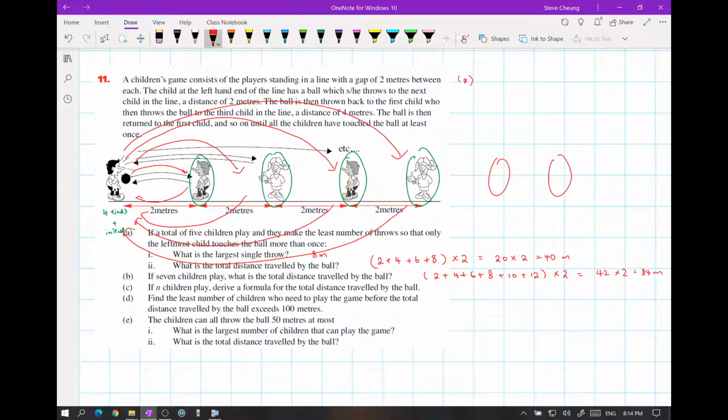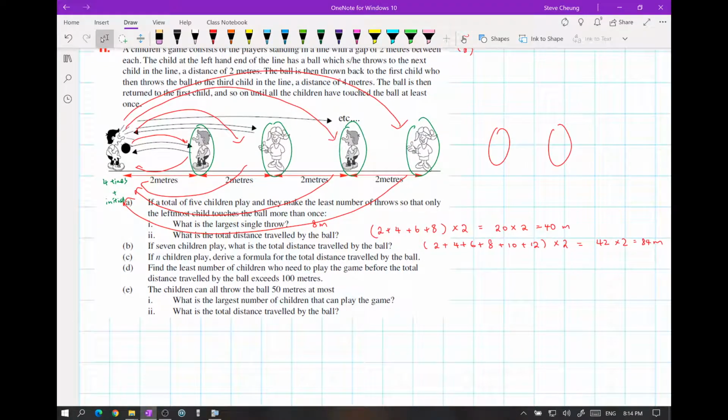And then if n children play, derive a formula. Okay. So if you haven't seen yet, this is for 5 people. This is for 7 people. Notice that I always have 1 less. However many people there are, it's always 1 less than the number of people for the number of terms.